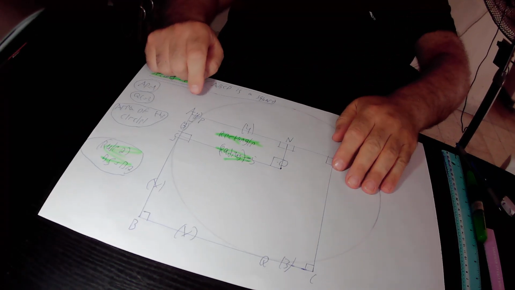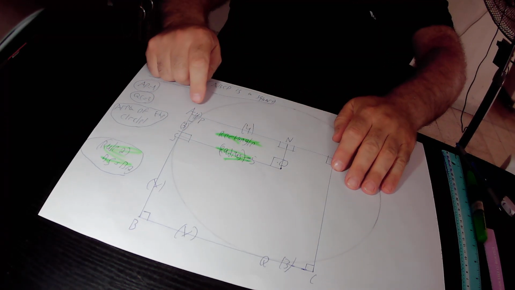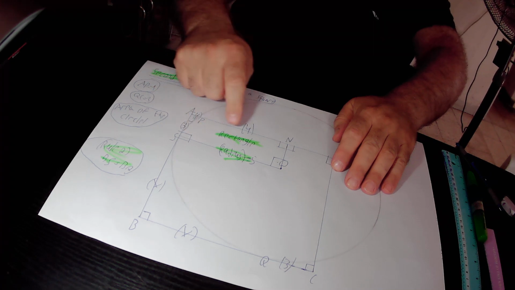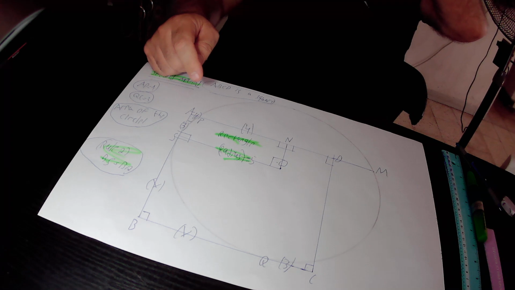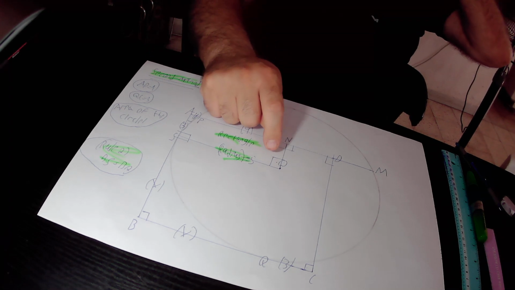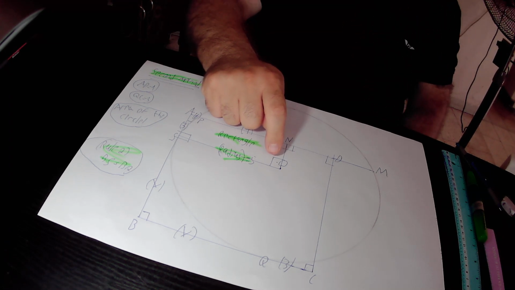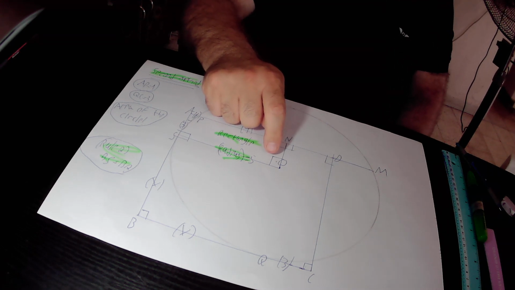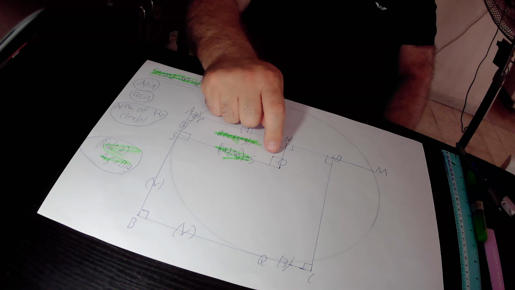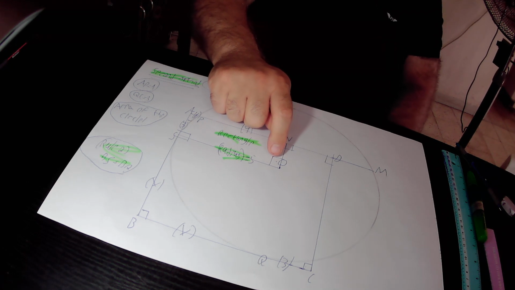So inside quadrilateral ANOS, we have 1, 2, 3 right angles. The sum of 3 right angles is 270 degrees, so 270 degrees plus the size of this fourth angle, in total they must be equal to 360 degrees, according to the rule that states that the sum of the angles in any quadrilateral is equal to 360 degrees. Therefore this fourth angle must be equal to 90 degrees.